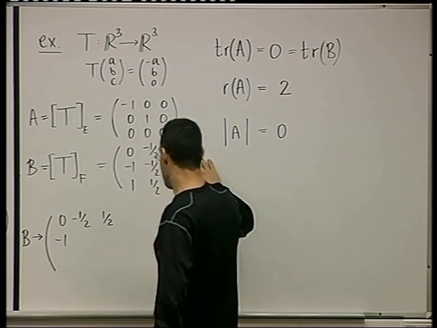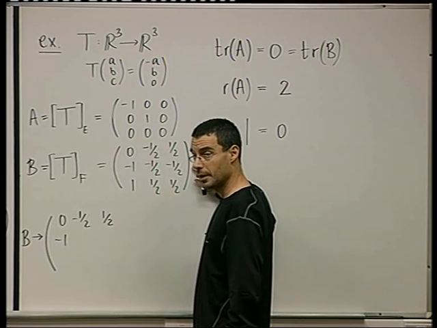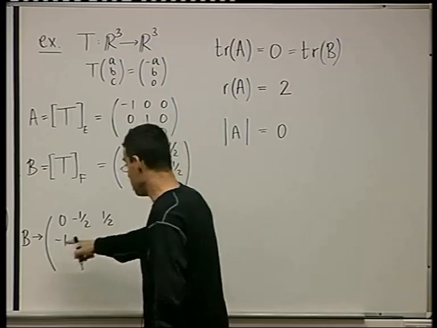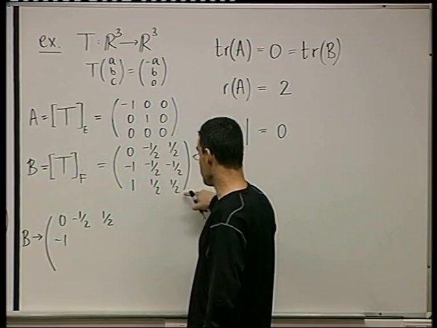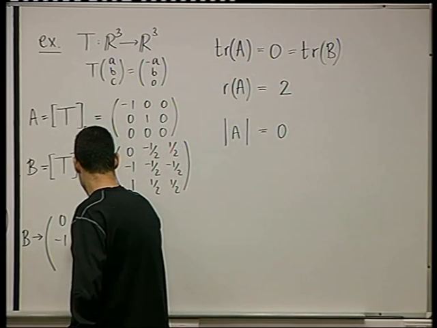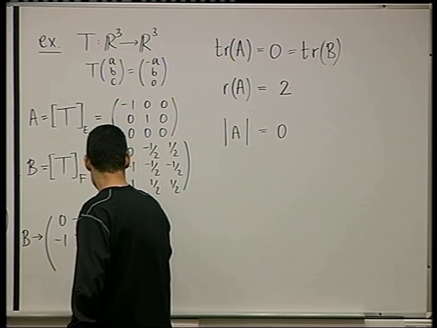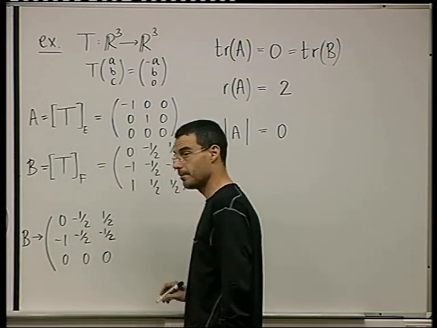This is B, and the first row operation that I'm going to do is just add row 2 and row 3. Okay, good? So B, by adding row 2 and row 3, this becomes a 0, this becomes a 0, and this becomes a 0. So it's pretty trivial. So I have negative 1, negative 1/2, negative 1/2, and here's my row of zeros, right?